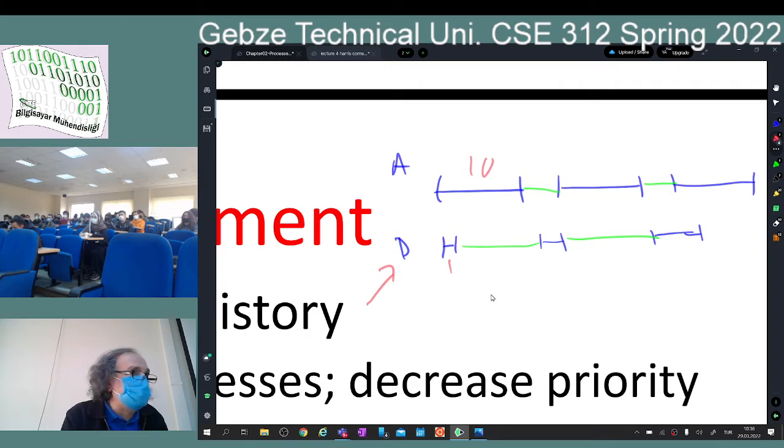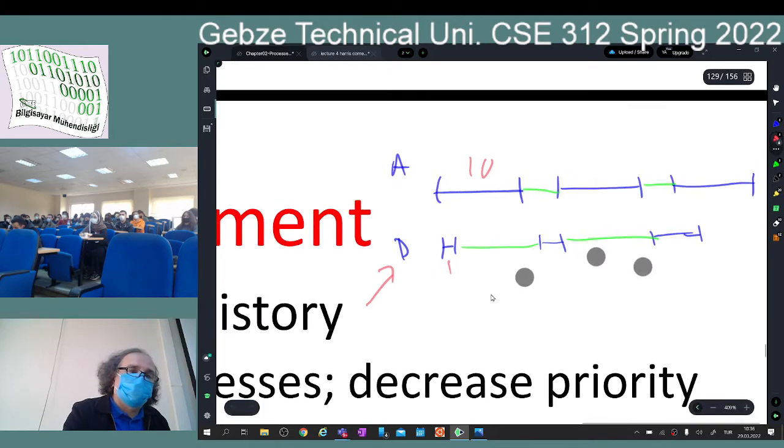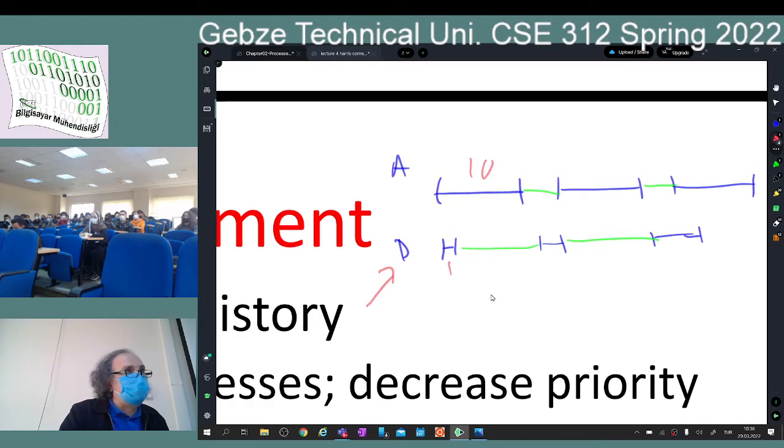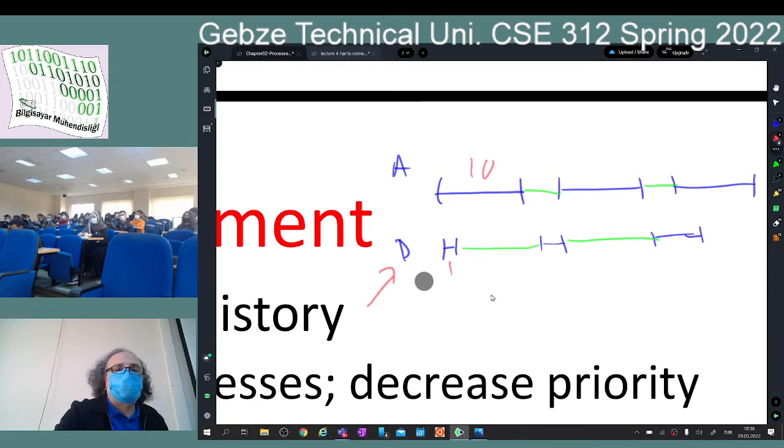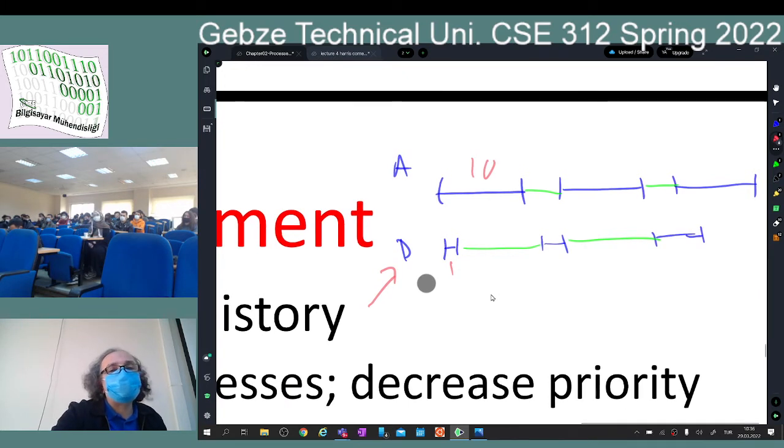So what is our solution? Our solution is, let's introduce the idea of priorities. Maybe for these kind of processes, we should increase their priorities so that they get to use more CPU time. If both of them are available, then give your priority to process B, because I know that process B will give up the CPU in a very short amount of time anyway.